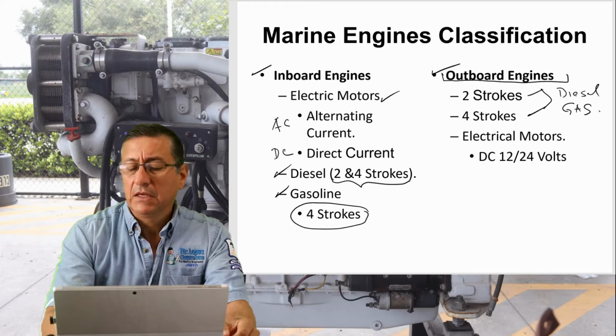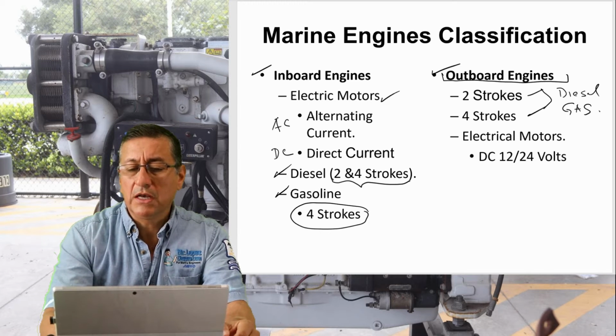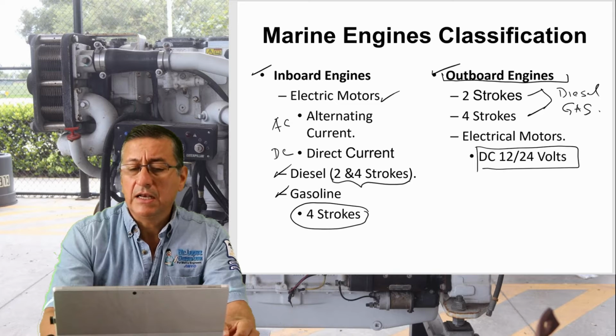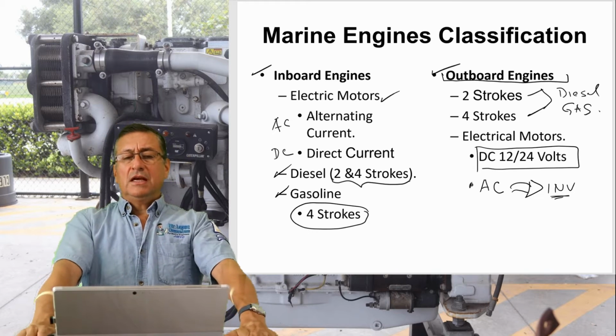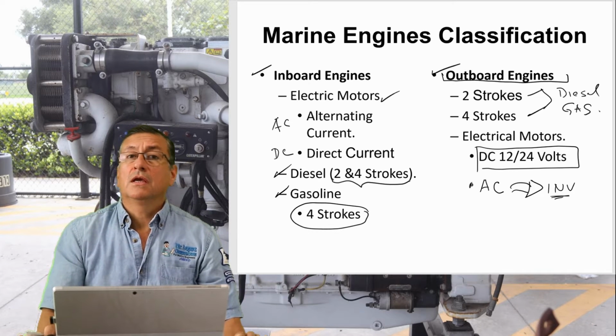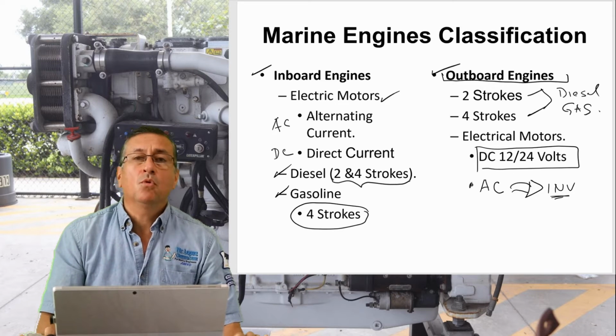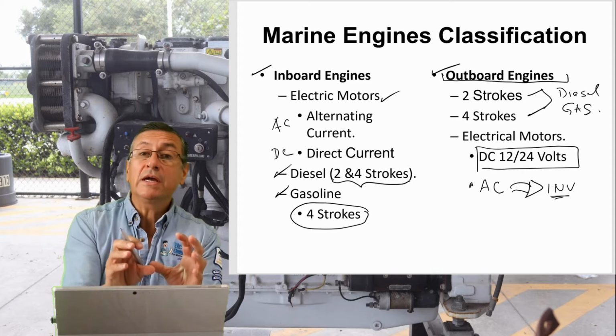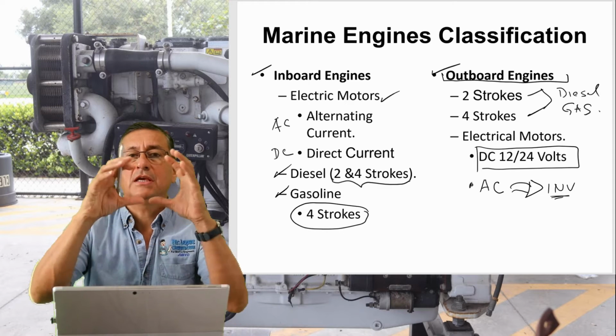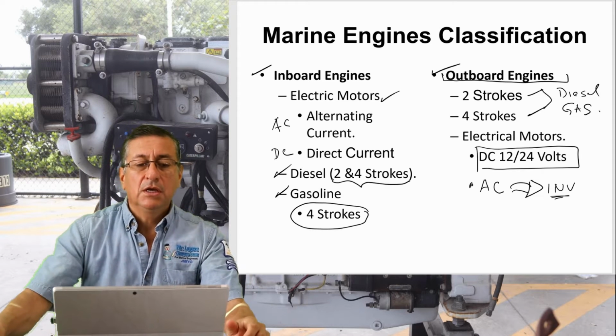And electric motors for outboards are normally DC motors, and some designs have AC motors with power coming from inverters. We are going to study later what the procedure is. Alright, this is the classification of the marine engines, inboard and outboard, and we are going to check where the diesel engines are located in that big classification.